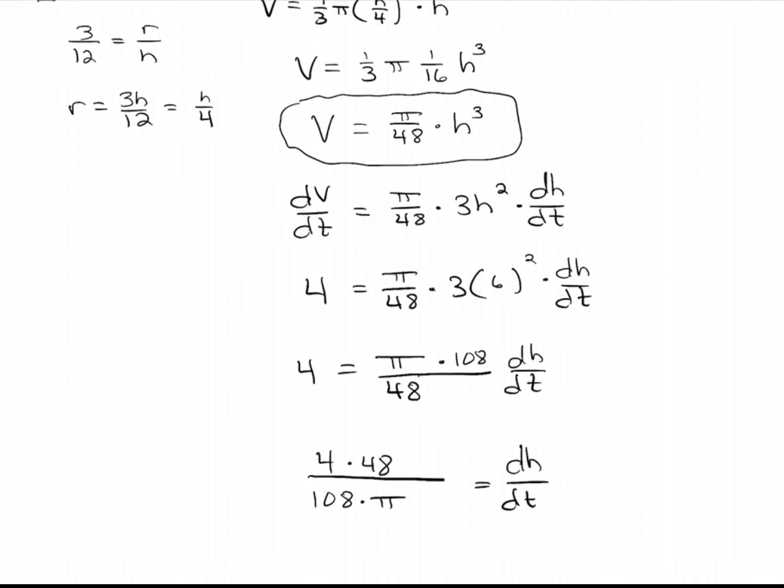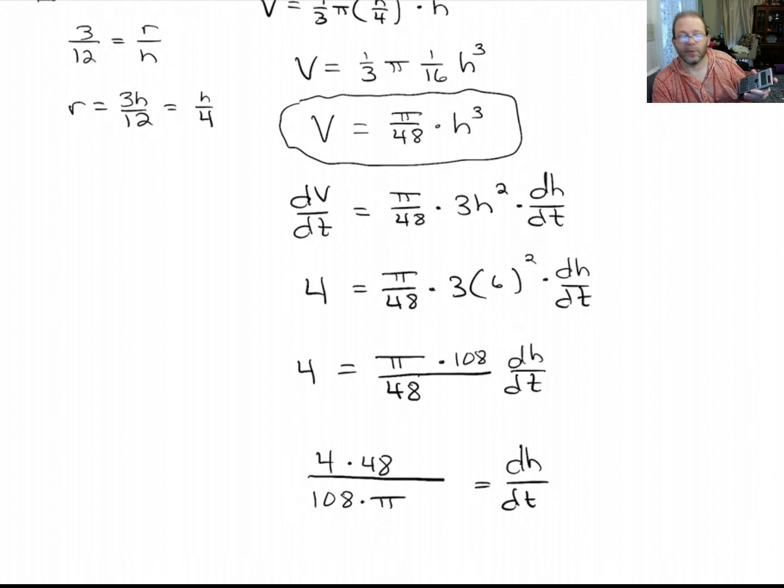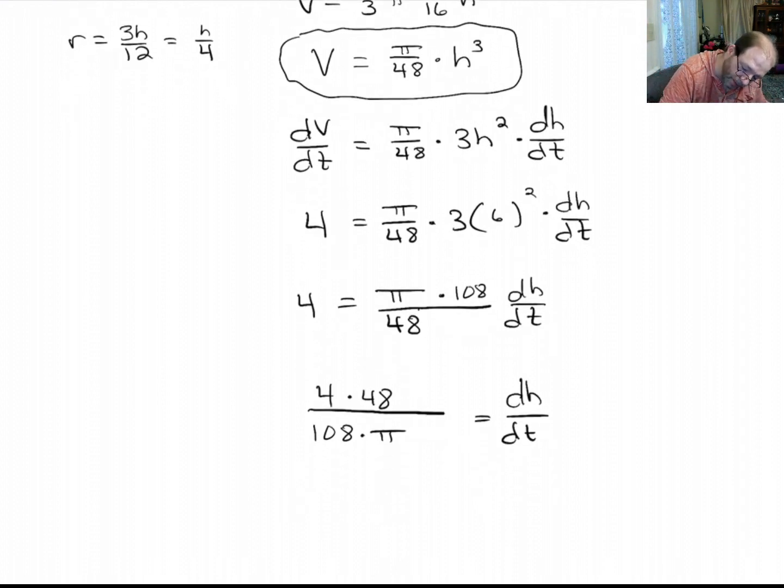Let me grab my fraction calculator. Not that I can't do this in my head, but it's easier to do with a calculator. So 4 times 48 divided by 108 gives me 16 over 9, and the pi is still on the bottom. So 16 over 9 pi.